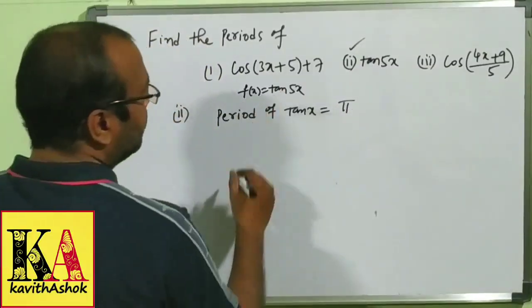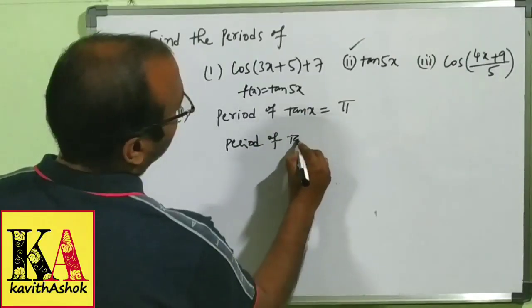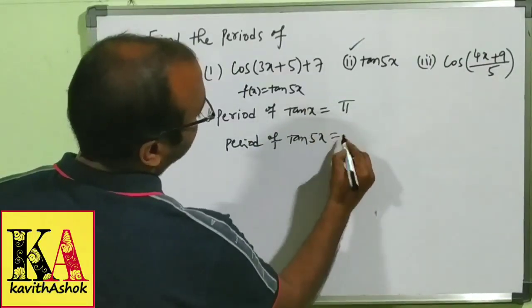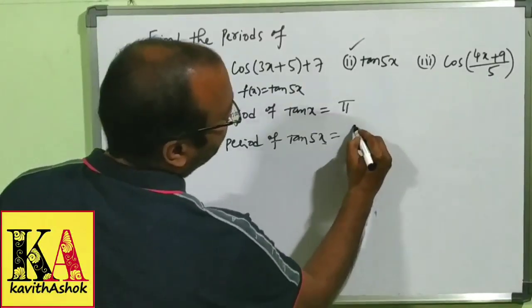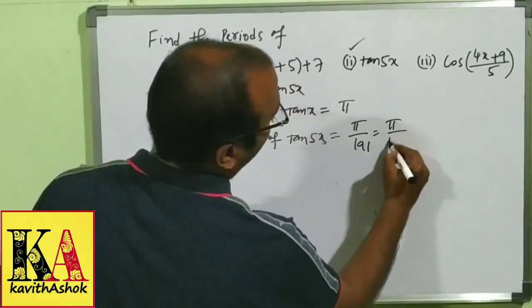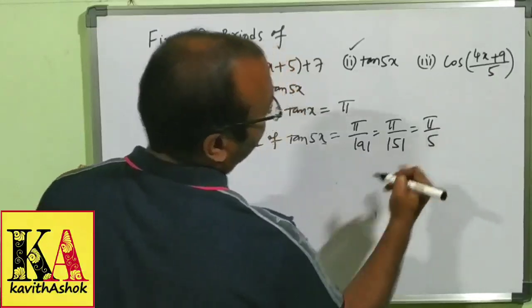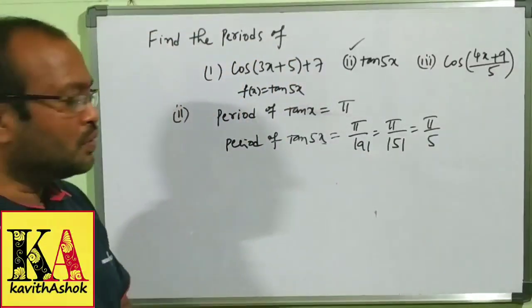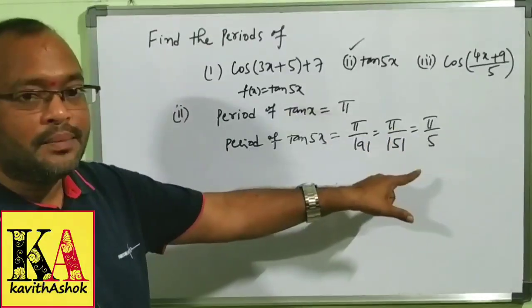But the problem given here is the period of tan 5x, where the multiple of x is 5. According to the formula, pi by mod a, so that is pi by mod 5, which is nothing but pi by 5. Because 5 is already positive, mod 5 value will be 5. The period of tan 5x is pi by 5.